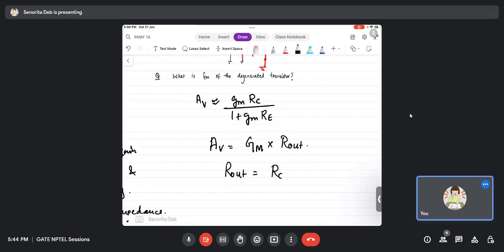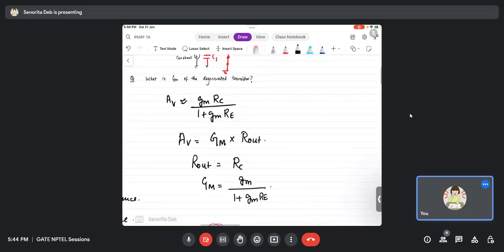So RC, so that means what is GM? This is called degenerated GM. Because of the degenerated resistor in the transistor, because of the emitter, the transconductance is actually decreasing, and therefore the overall voltage gain also decreases by the same factor. It is because of the transconductance.